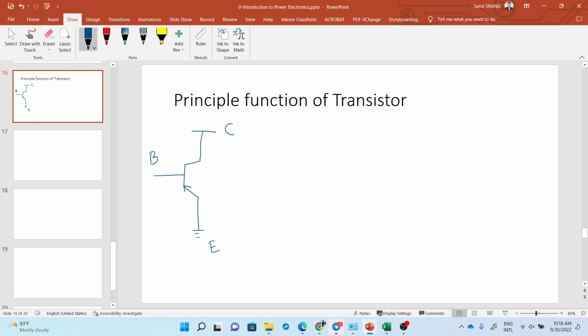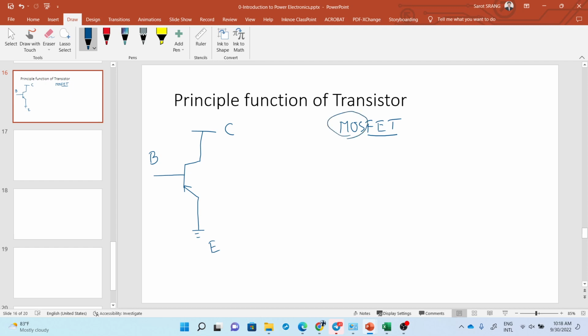Another one is for power, actually. So I should explain more about the one which is used in power electronics. That is called MOSFET. MOSFET, FET comes from field effect transistor.